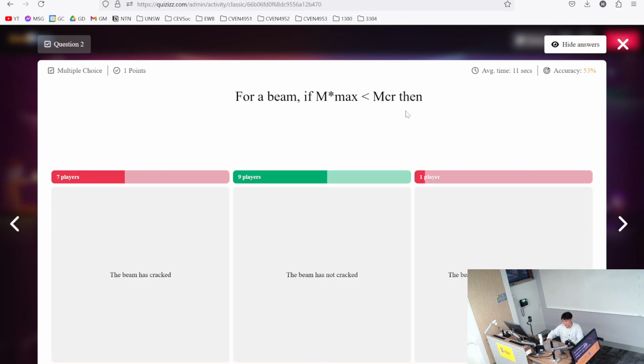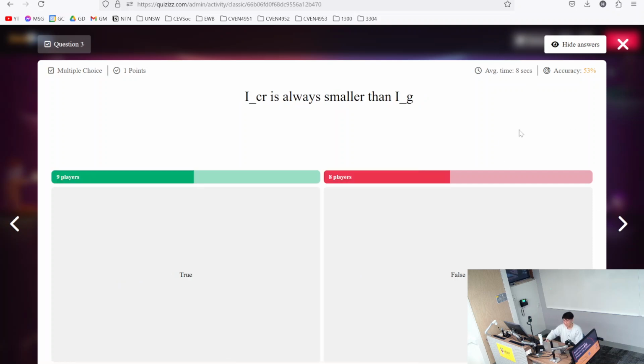Okay, so this is serviceability related, right? If the maximum moment on a beam is less than the cracking moment, the beam is not cracked. Makes sense. I_cracked is the moment of inertia of the beam once it has reached the cracking stage, and I_g is the moment of inertia of a beam before any forces have been applied to it.